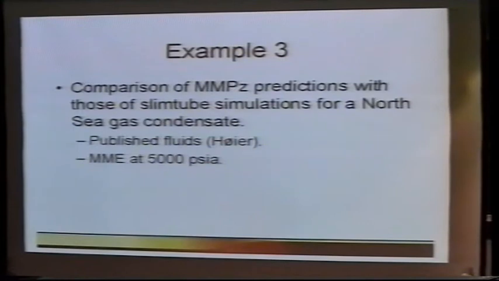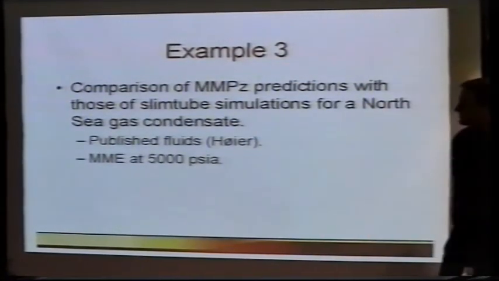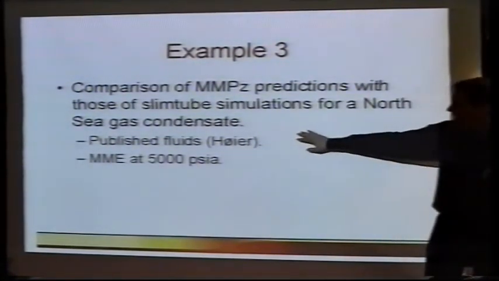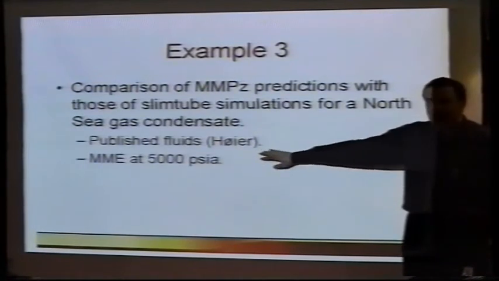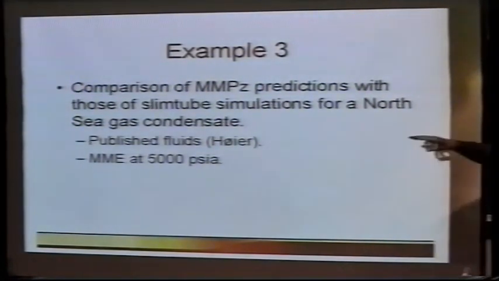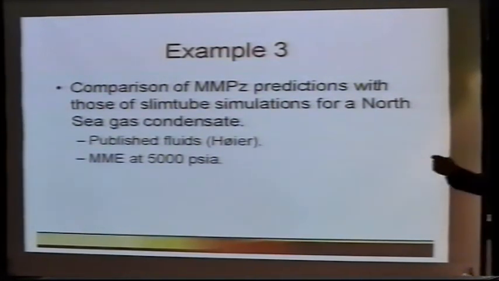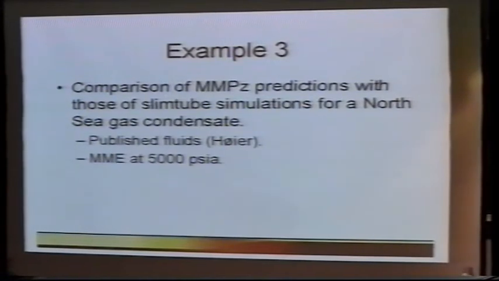But I'll show you how MMPZ can do it. So what I've got here is another set of published fluids by Lars Heyer. And what he was looking for was the minimum miscibility enrichment between two solvents at a fixed pressure of 5,000 psi.